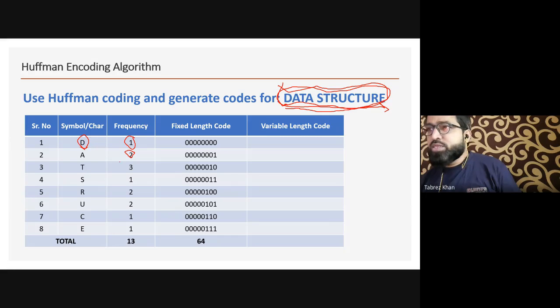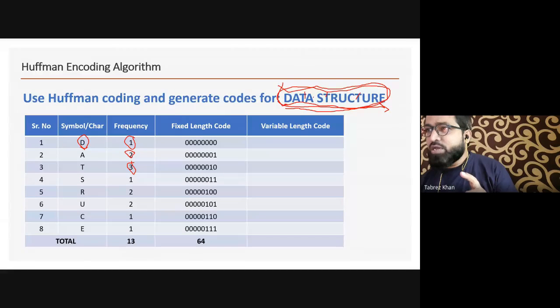Then likewise, the next character is T. After A, we have T. The frequency of T is 1 over here, then 2, and then here it is 3. So the frequency of T becomes 3. Then the next character is S. Unique characters we are talking about.